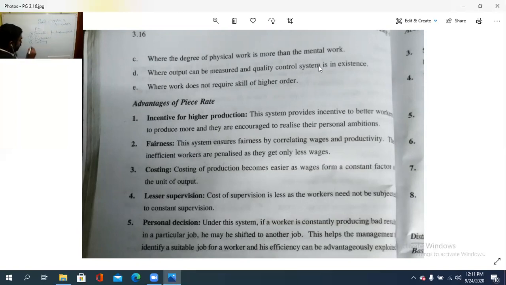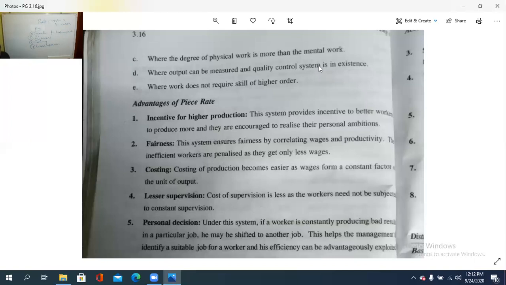Then lesser supervision. Why? In the case of the time rate system, more supervision is required because the worker performs the work based on the time spent, isn't it? It need not finish today, it can be finished tomorrow. Here it is output oriented, result oriented, and only then will they get wages. Because of such a clause, supervision is less here, because workers will give more emphasis on the work.